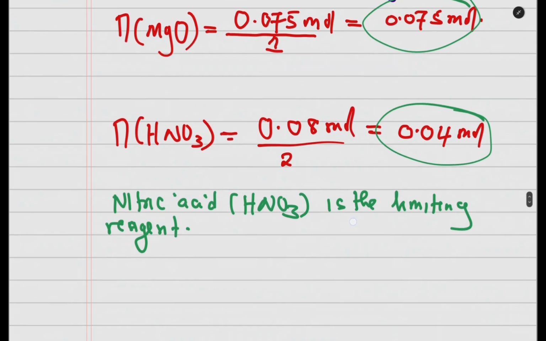Now, the other thing, as we go on in learning, we are going to come across things like calculating the percentage yield, also calculating the mass of the products, in short the theoretical yield. Now how do you determine that? It's very important to know at this point that the limiting reagent determines the extent to which the chemical reaction can proceed and the amount of product that will be formed.